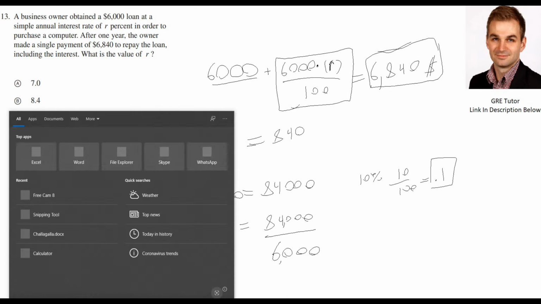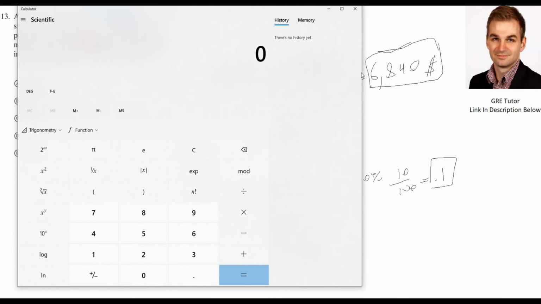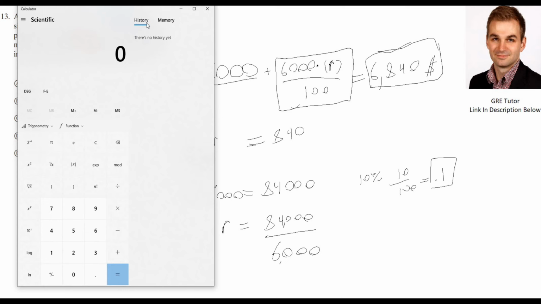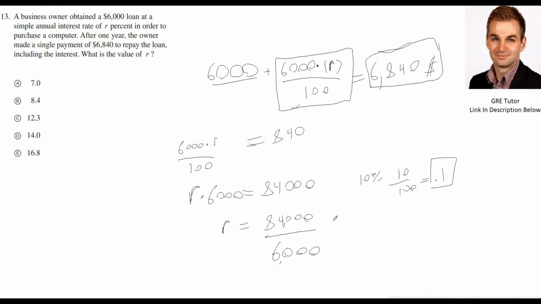Let me just grab our calculator really quick. 84,000 divided by 6,000, and we get 14. So the answer is that R is equal to 14. Do we have 14? Yes, we do. So the answer is D.